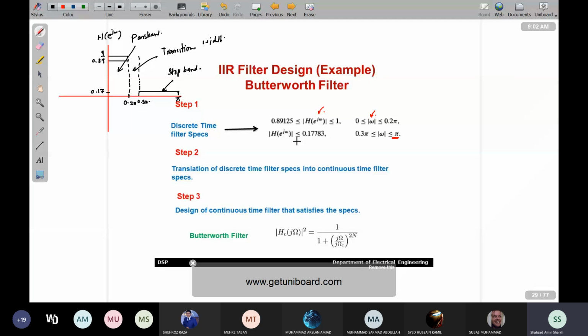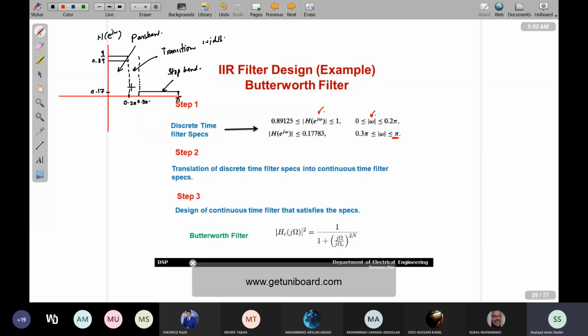And H of exponential j omega is lesser than or equal to 0.17 for omega between 0.3 pi and pi. So this is the required response, and we have to design a discrete time filter.